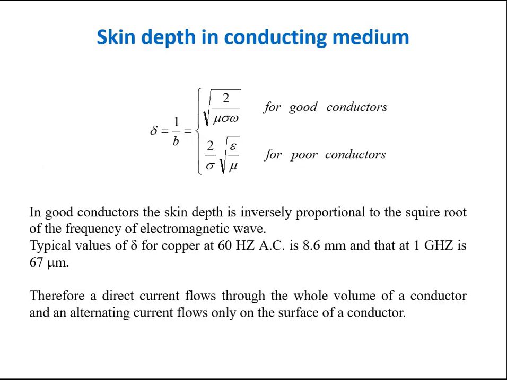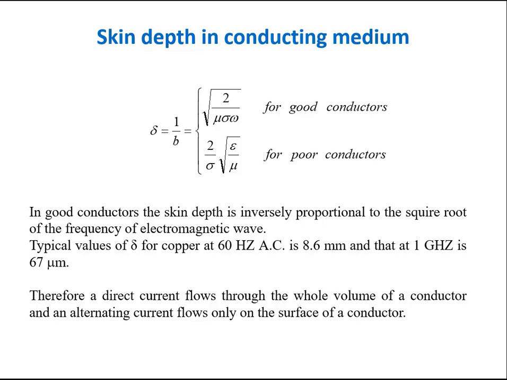The typical value of skin depth for copper at 60 Hz AC is 8.6 mm, and this is the typical frequency in our houses. We use all the wires less than this 8 mm thickness, so copper is good enough in the wiring of homes. But as the frequency of AC increases to 1 GHz, delta for copper reduces to 67 micrometer.